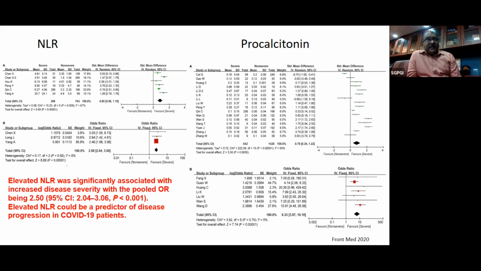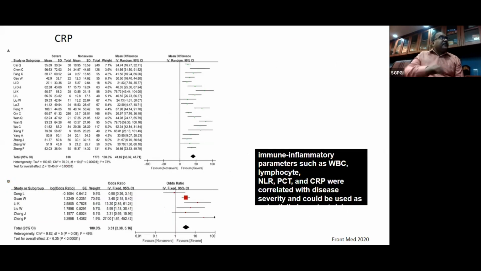In this particular meta-analysis, the authors have also reported that procalcitonin is high in patients with severe disease, and the same is true for CRP.